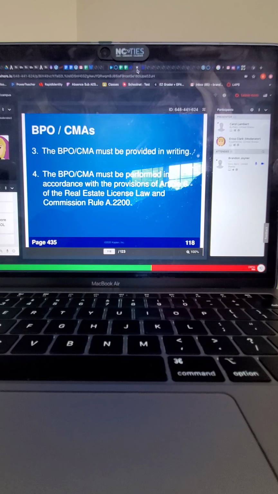They have to be the same property type, location, use, size, design, all that has to be the same, just like our CMAs that we do for our clients. Make adjustments for features that are different by adding or subtracting from the sales price of the comparable. Don't touch the subject property. Okay?